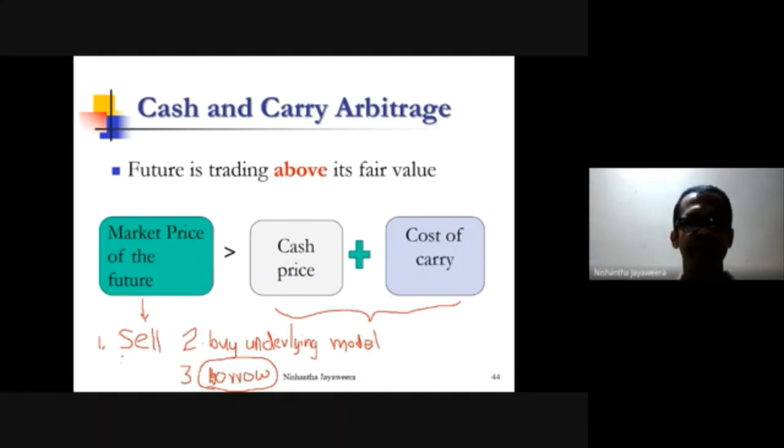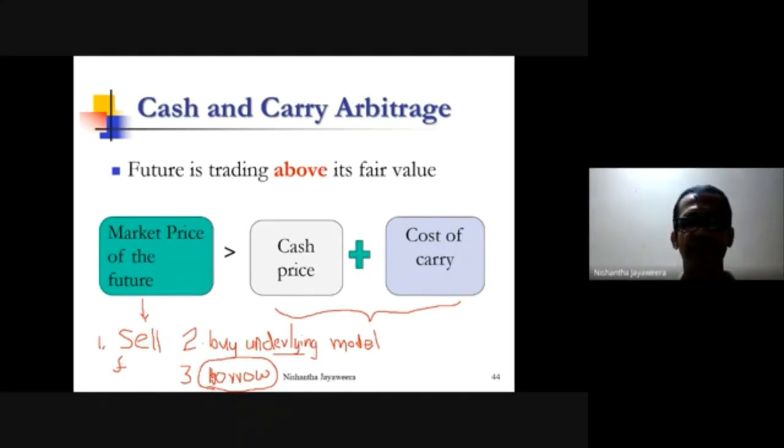You sell the futures in the market. Meantime, you go to the cash market and buy the underlying asset, the same quantity you sold here. To buy that, you need cash.